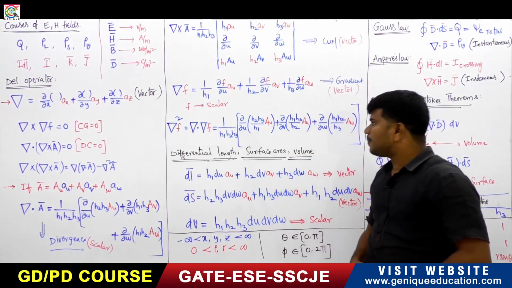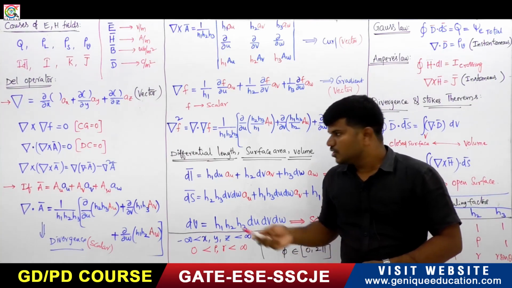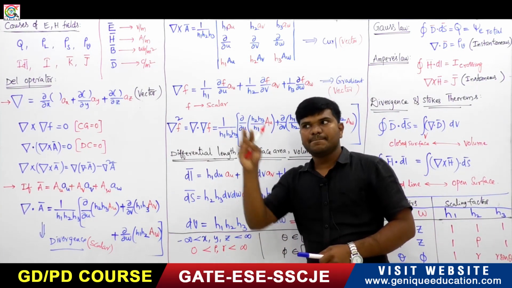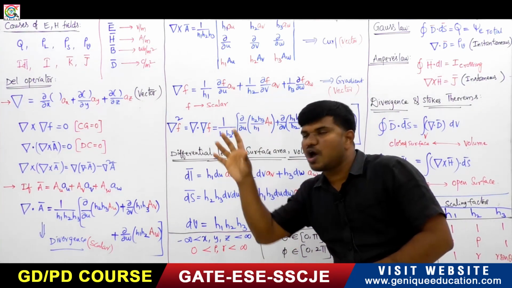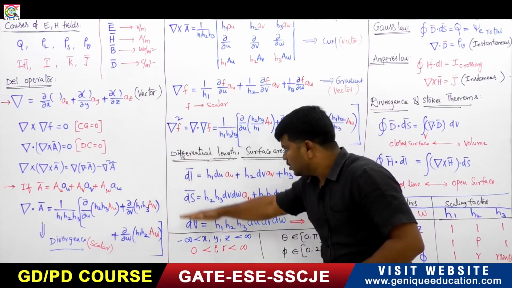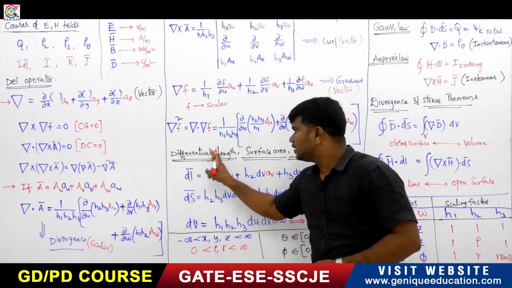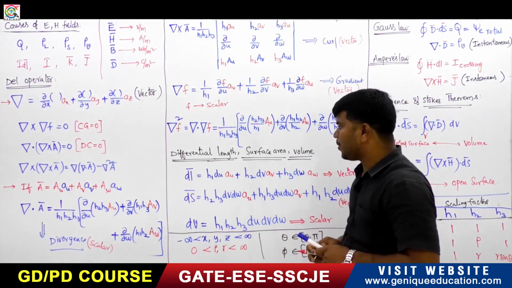So for that purpose we should know the differential length, differential volume, differential surface area. For finding the total effects in any region, we should integrate the effect in a small area, a small length and a small volume. So to know this, we have to define the differential length, the differential surface area and differential volume. These are very, very important.